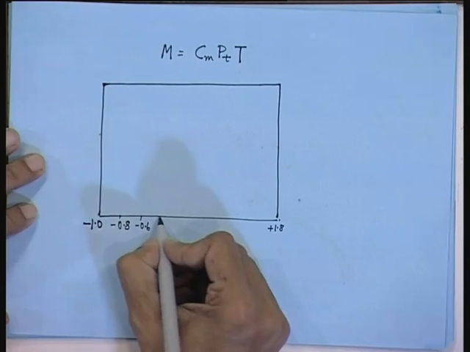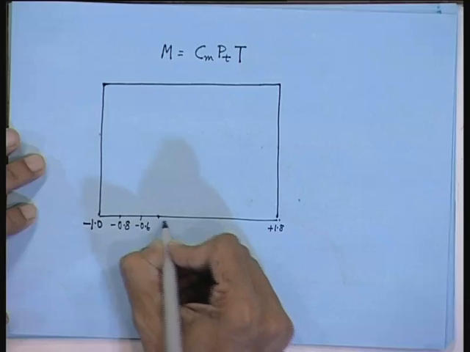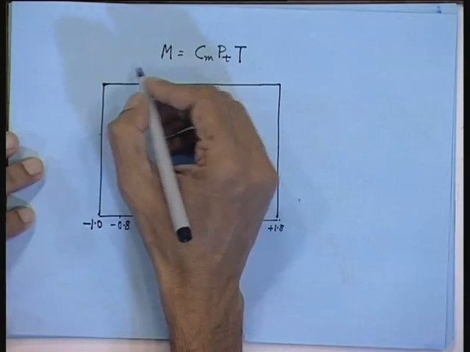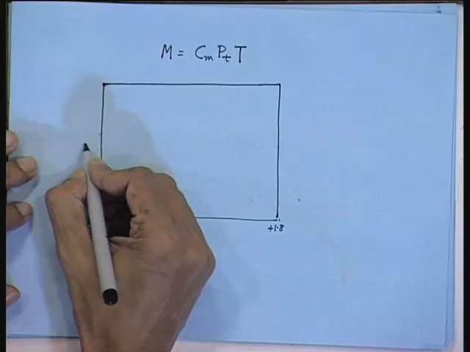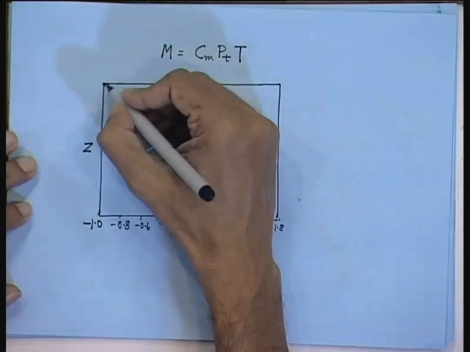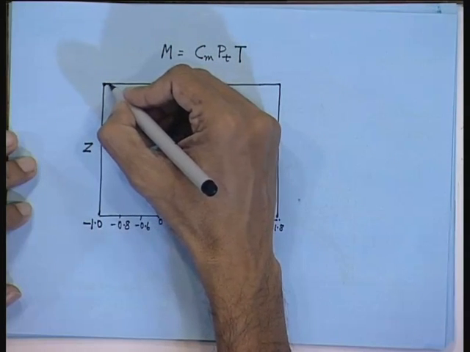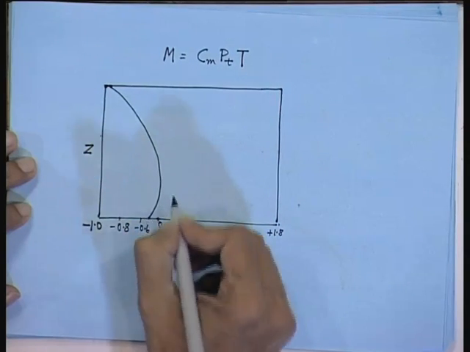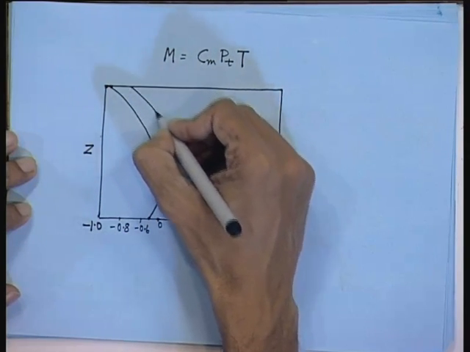Now, your 0 will come somewhere here actually, and you will get a set of curves, and this is your z value. You get another set of curves like this.